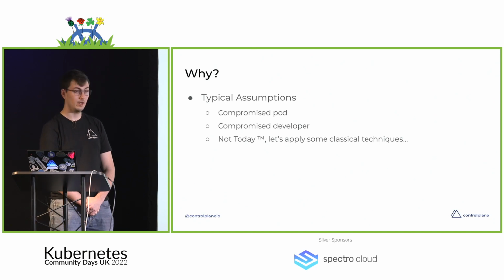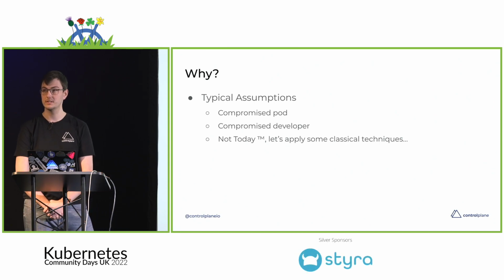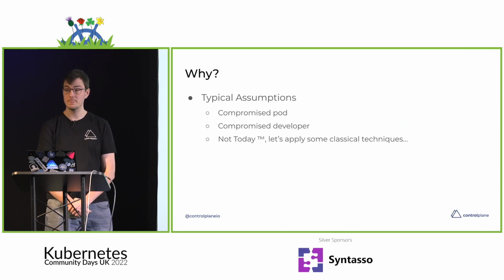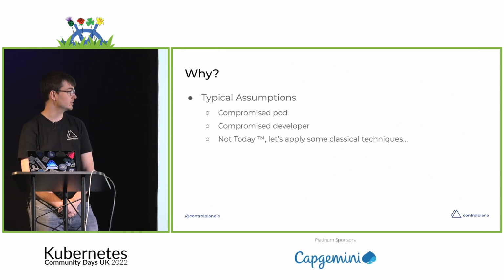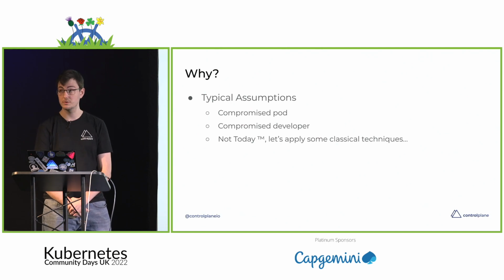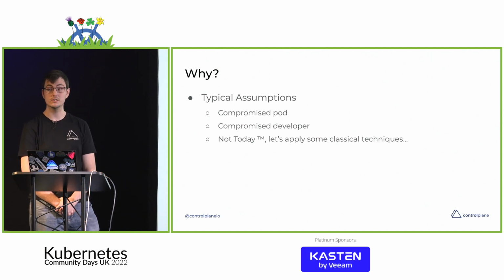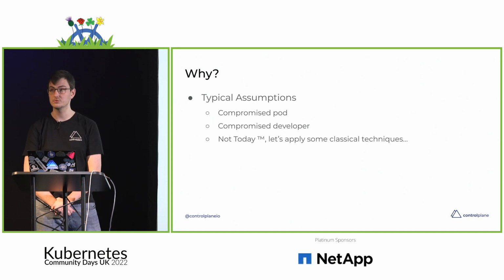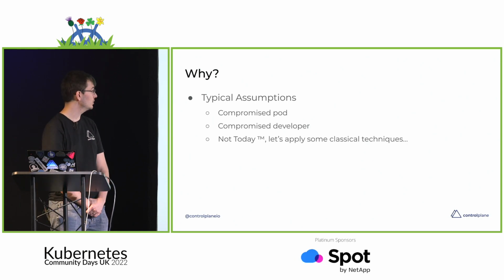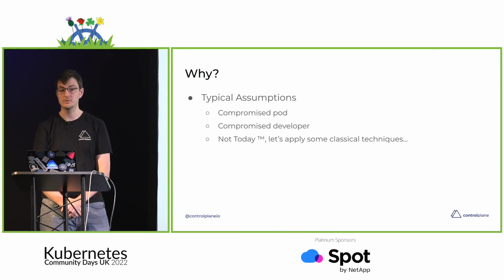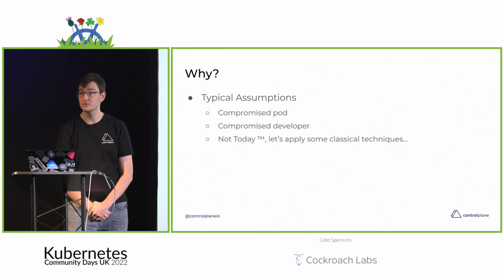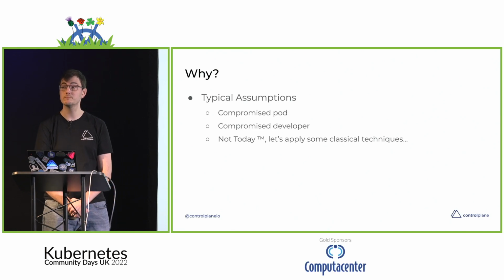So why do we care about Kubernetes network security, or specifically the bits we're going to talk about today? Often in security audits, or if you ever do threat modeling, we look at the perspective of a cluster from a compromised pod. So maybe we assume compromise of a web application, such as an RCE vulnerability or something similar.